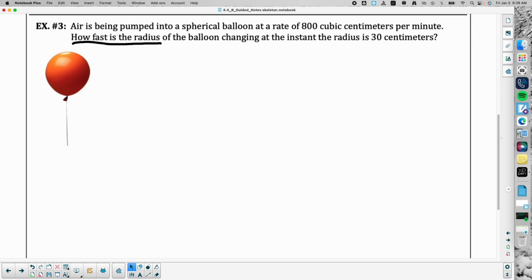Would it be ddr because we're deriving with respect to... Close. I mean, you meant it correct, you just said it wrong, I believe. dr dt, correct. Good, very good. dr dt is what we're actually trying to find. dr dt equals question mark, or we can just leave it blank to find the answer later.